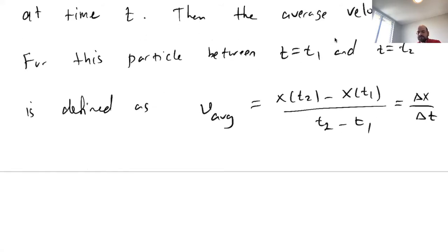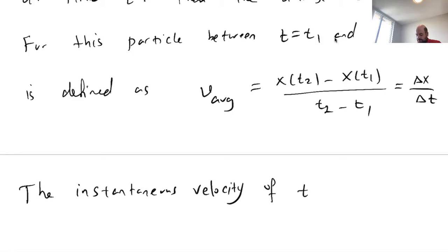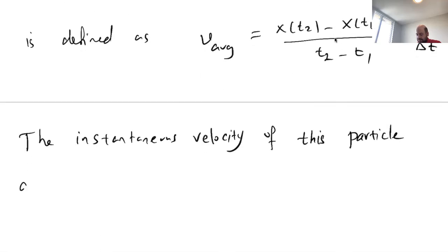And the instantaneous velocity of this particle at, let's say, t equals t1, is defined as follows.